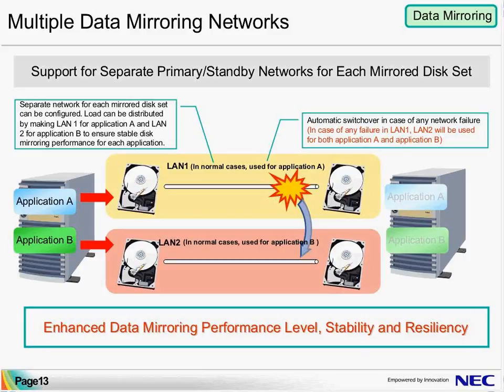In total, you can have up to 16 separate network links specified and configured for each system in the new release. So this is a major enhancement that improves the total data mirroring capacity as well as the resiliency for each mirrored disk.